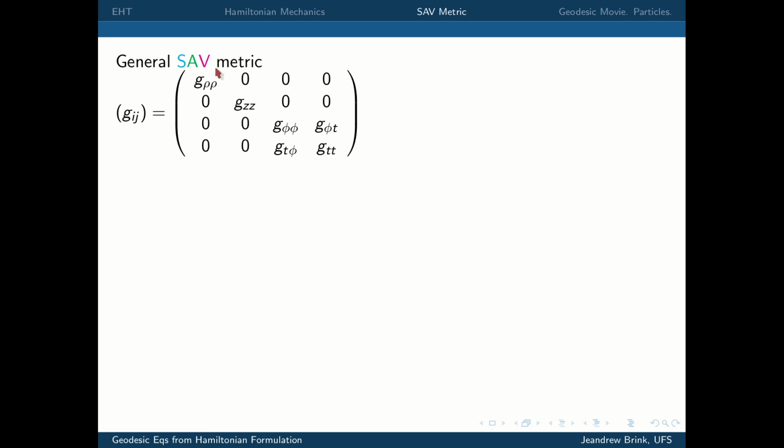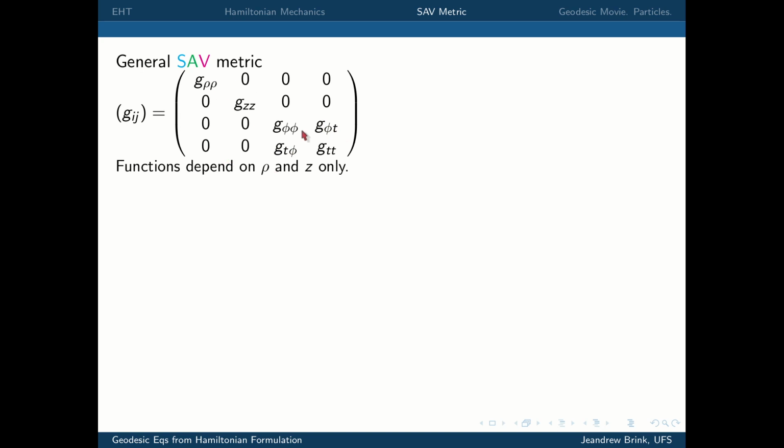Instead of now having 10 independent functions, we have 1, 2, 3, 4, 5. Okay, so it's a great simplification, and recall that g_phi t equals g_t phi because the metric is always a symmetric matrix or a symmetric tensor.